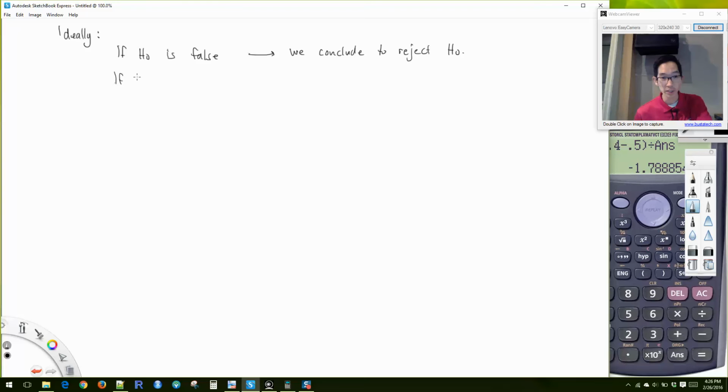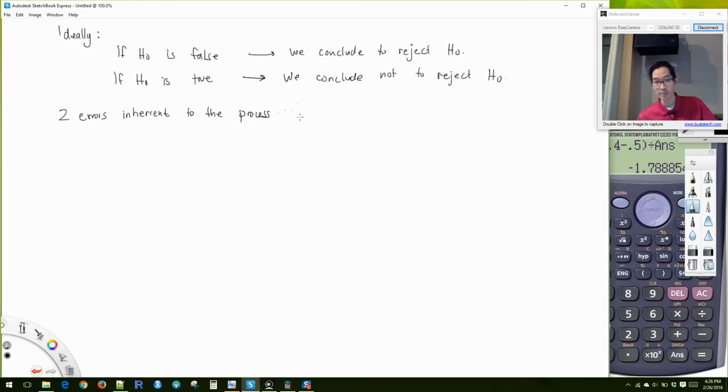And if the null hypothesis is true, we conclude not to reject the null hypothesis. Okay, so these are the ideal situations. But there are two errors inherent to just the process of making decisions on limited data.